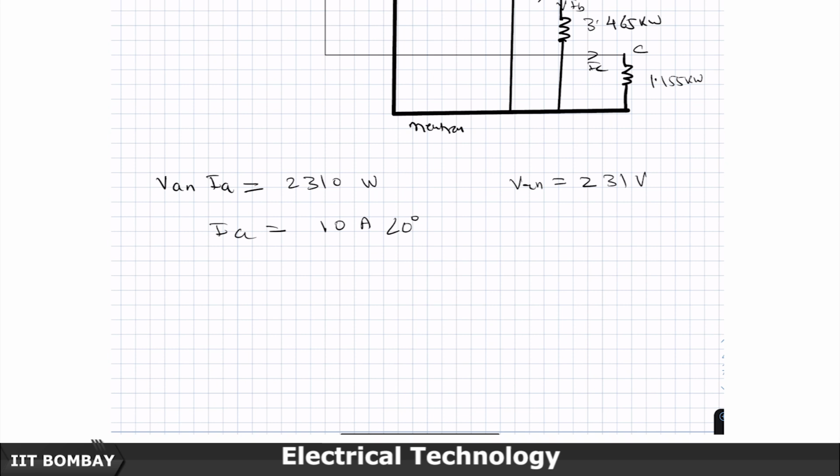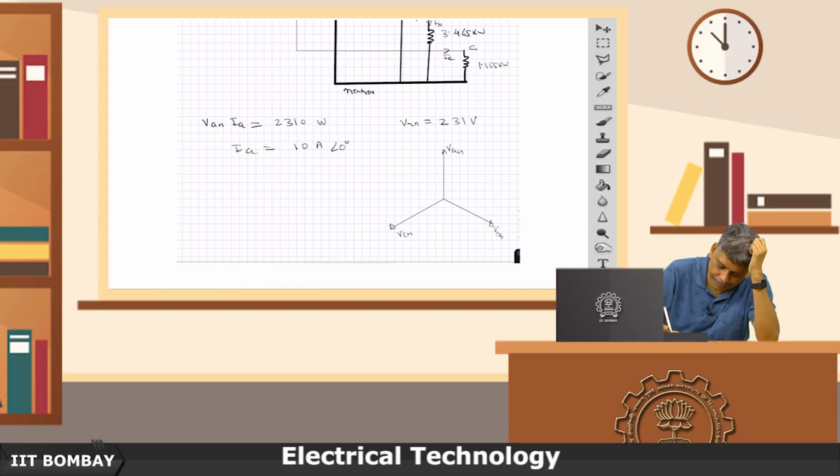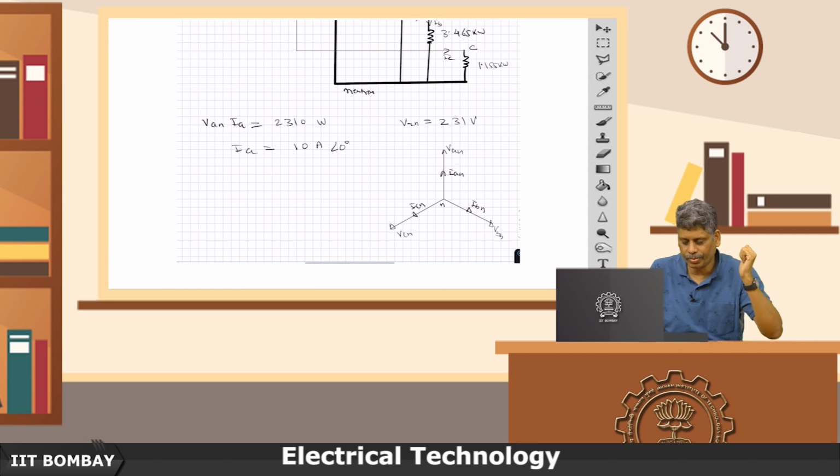So, let me draw this. This is my VAN, this is my VBN, and this is my VC N. Being resistive loads across the 3 phases, IAN, IBN and ICN are going to be like this, but it is not balanced.